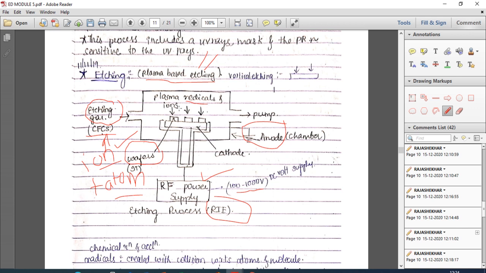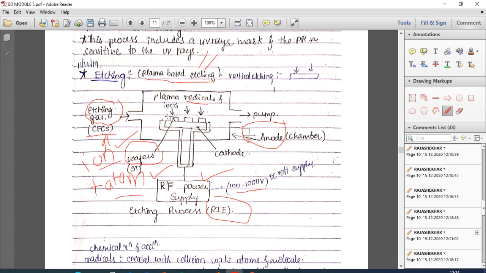The electrons present in the ions collide with the atoms present in the chlorofluorocarbon. Wherever the softened area is present on the surface of the wafer, that softened part will be removed uniformly using these electrons present in the ions colliding with the atoms.